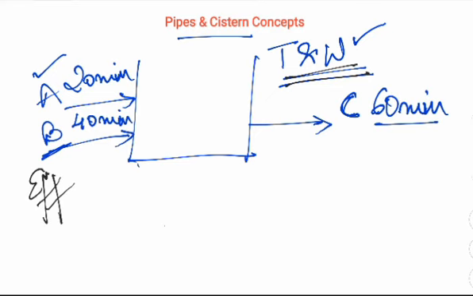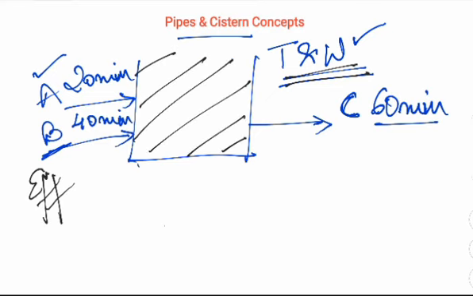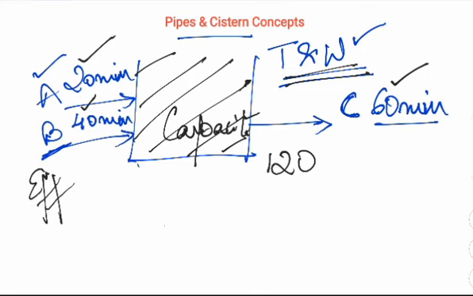So in this also, let us assume the capacity of the tank, because this is the work done here, in units which is divisible by 20, 40 and 60. The least common multiple of these is 120. So we'll assume the capacity of the tank is 120 units.